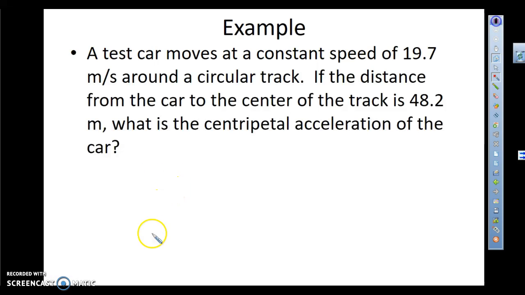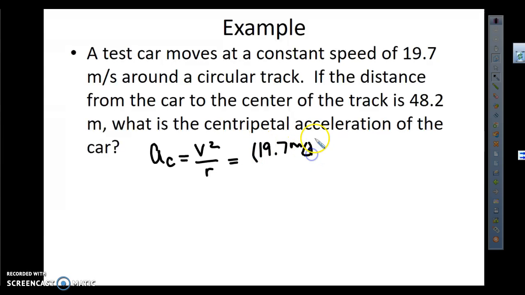So again, going back to centripetal acceleration from last chapter, and depending on what you're given, here we're given the linear speed. So we just simply take that and divide.